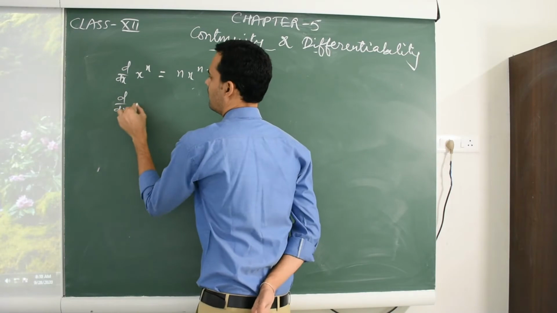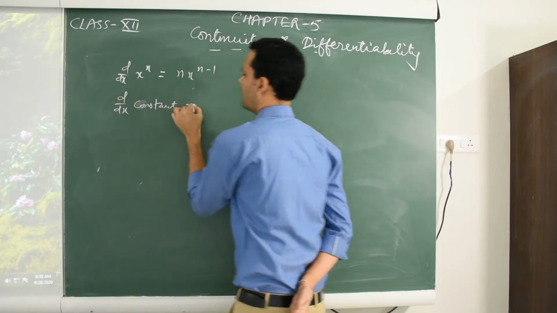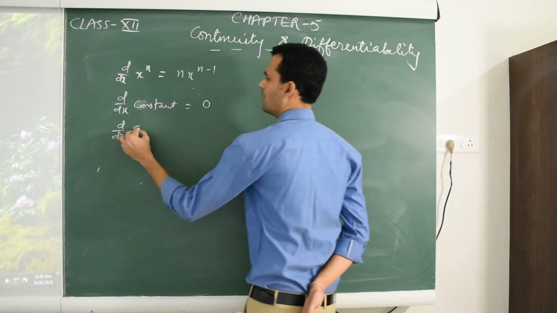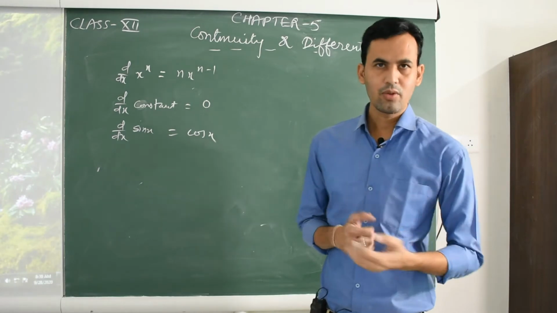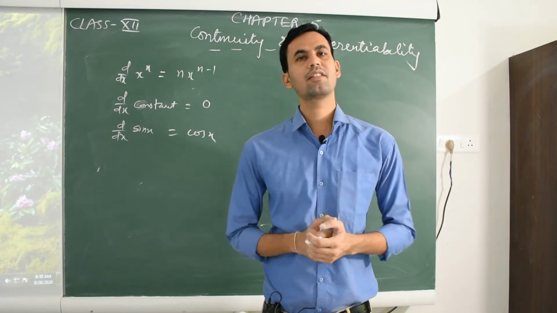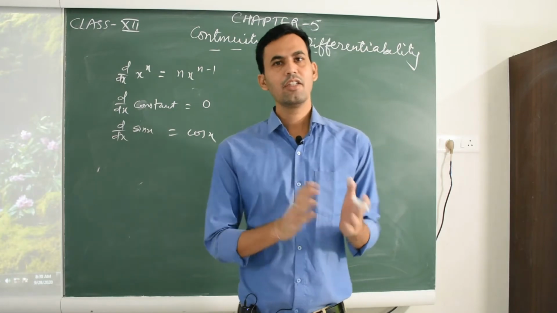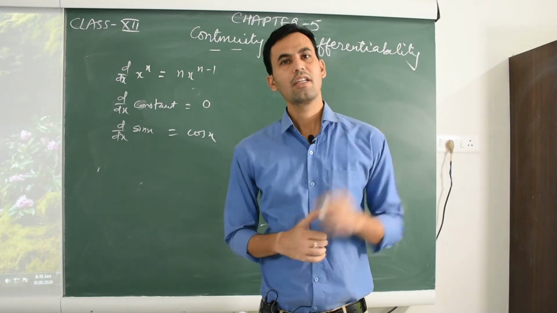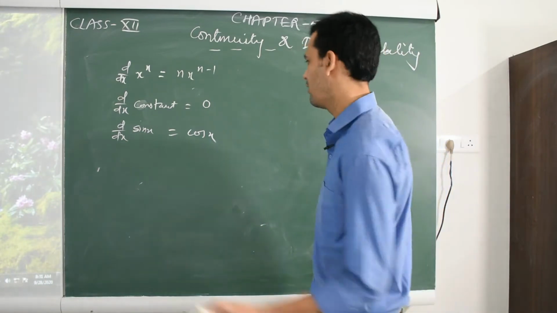Second, d by dx of a constant term is 0. d by dx of sin x is cos x, d by dx of cos x equals minus sin x, d by dx of tan x equals sec square x, d by dx of cosec x is minus cosec x cot x, d by dx of sec x is sec x tan x, and d by dx of cot x is minus cosec square x. These all formulas are of class 11th. So we use these formulas in our exercise 5.2.